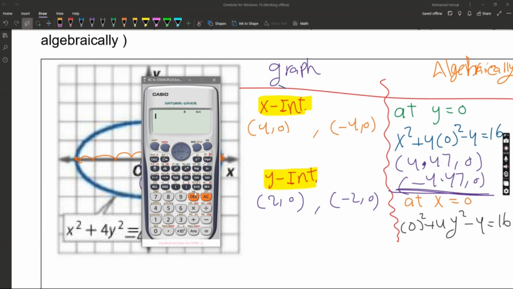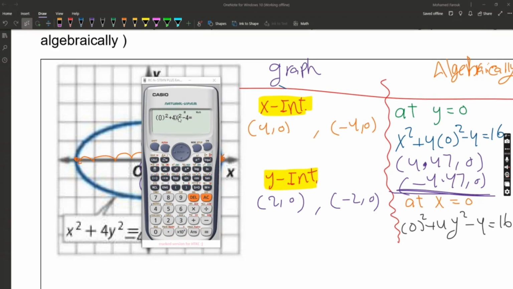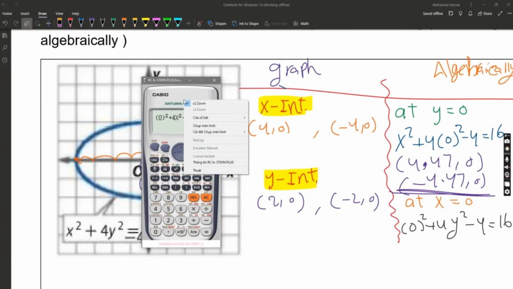So 0 squared is 0, so it will be 4, and if you write it, it's okay. I will show it to you: 0 squared plus 4, replace y with x, squared minus 4 is equal to 16.